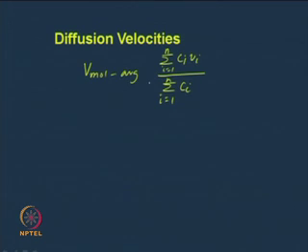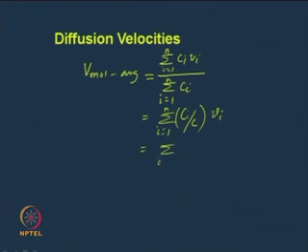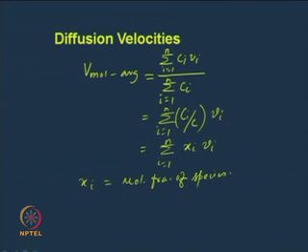So, this is equal to, we can write, summation over i equal to 1 to n Ci by C into Vi, equal to summation over i equal to 1 to n Xi Vi. Xi is the mole fraction of species i.